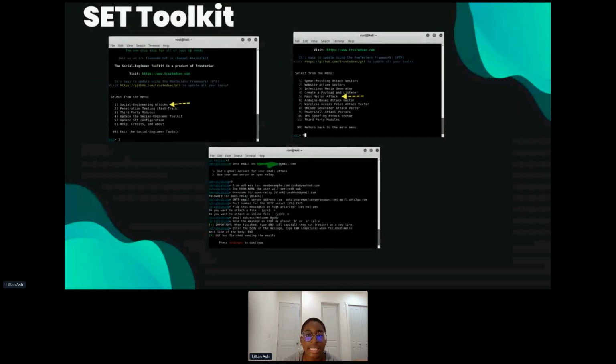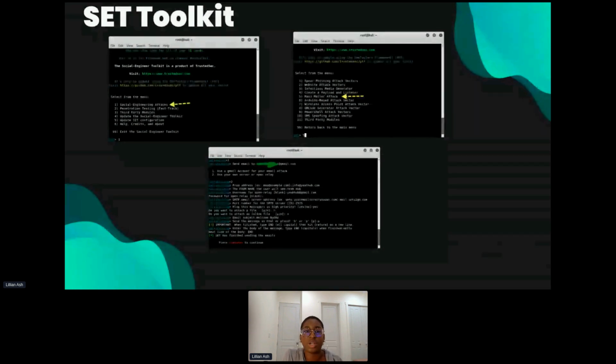So as you can see, there's actually an option here to send out a mass mail attack, and all you have to do is fill out who you're sending it to, what email you want it sent from, so what you want to spoof as, what kind of files you want to add to it, and if you want to add a flag of importance, so when it gets to somebody's inbox, it's high importance, and so on and so forth.